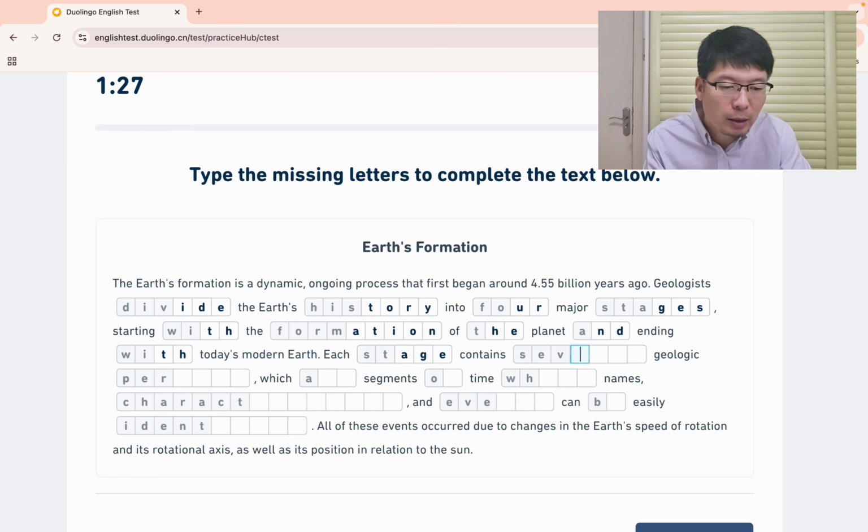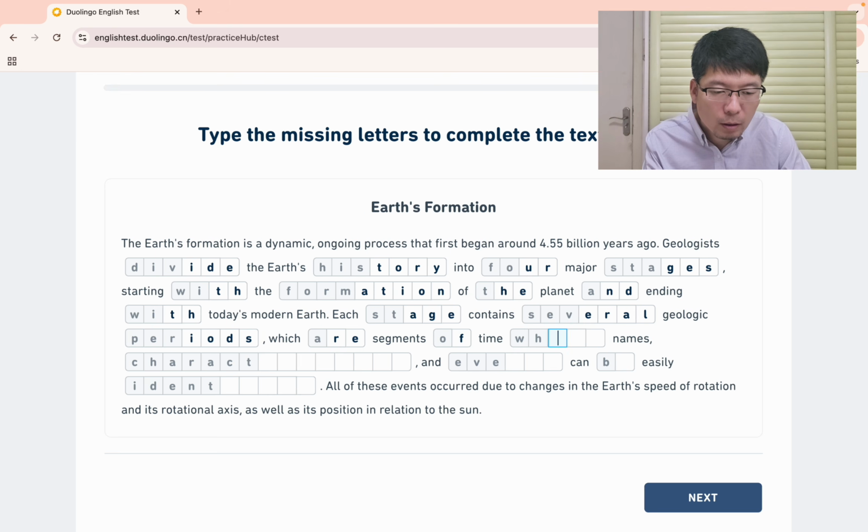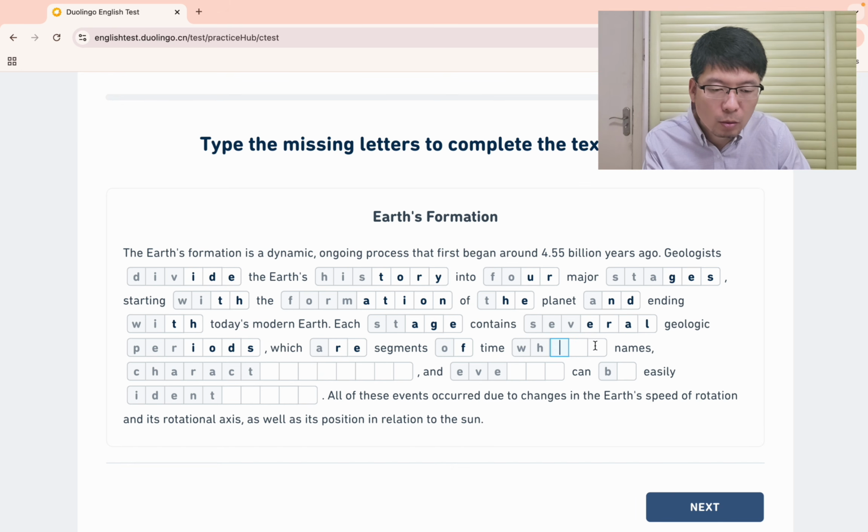Each stage contains several geologic periods, which are segments of time where names, maybe it's where names, characteristics, and events can be easily identified.